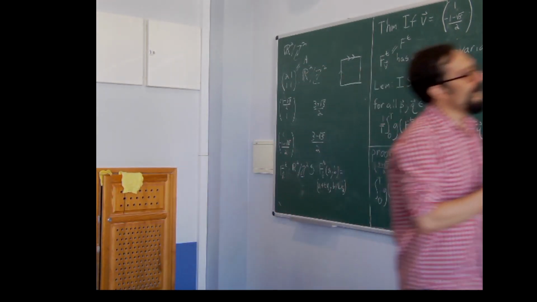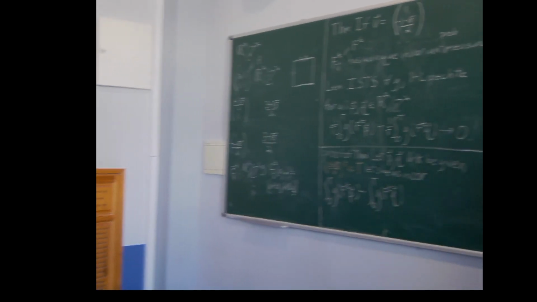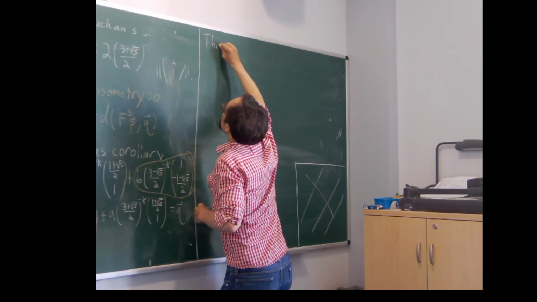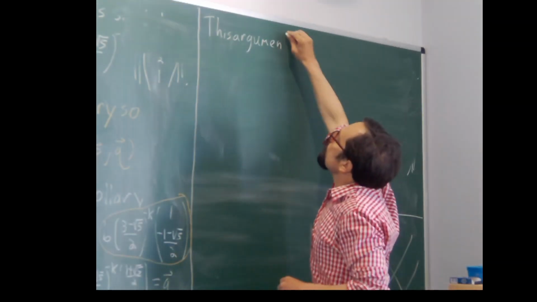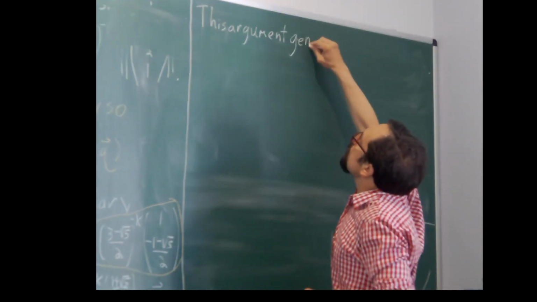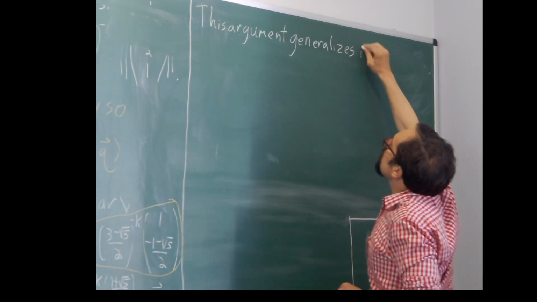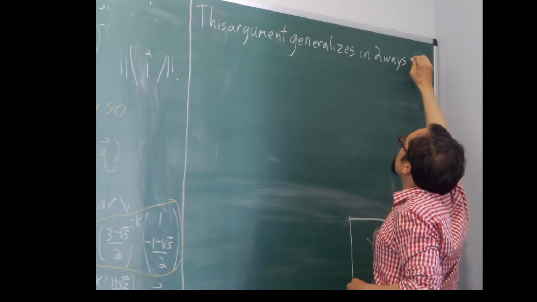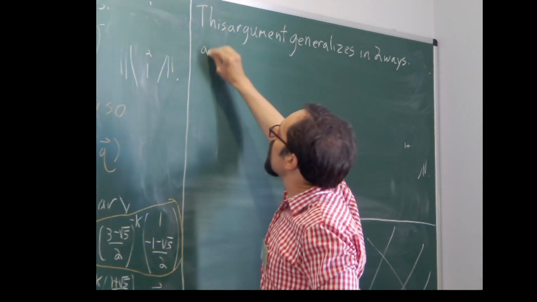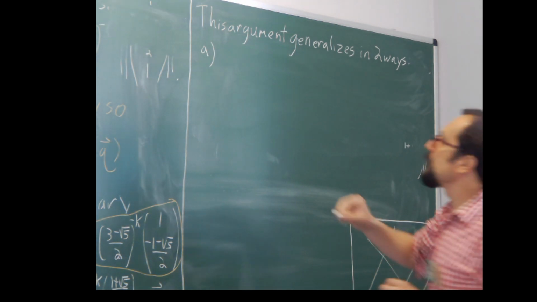Great question. Okay. So this argument generalizes in two ways. Okay, A. We don't need our map to map the torus to itself.